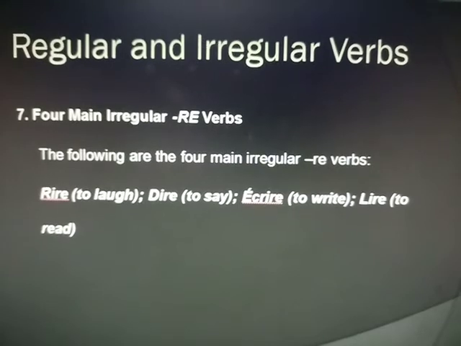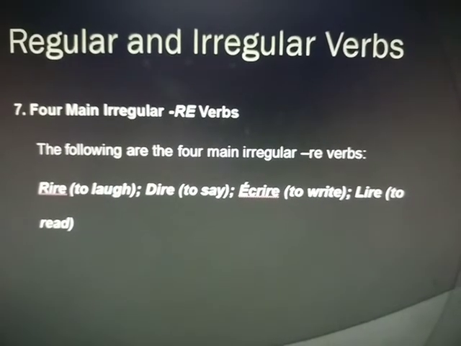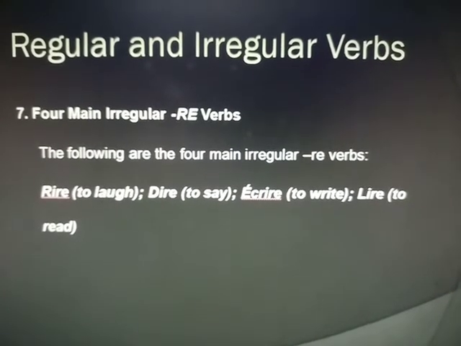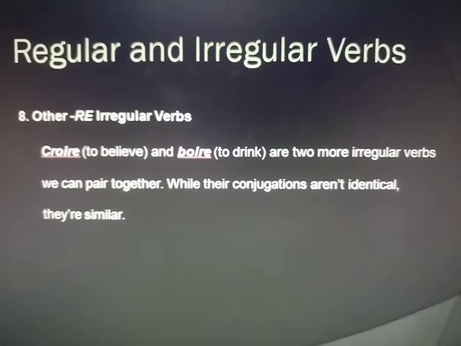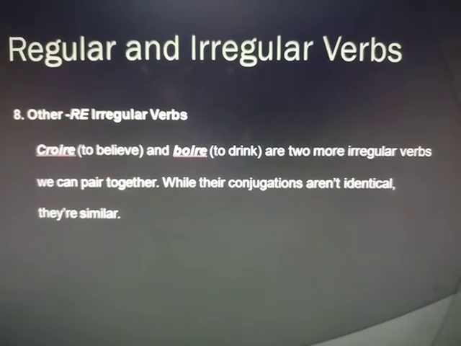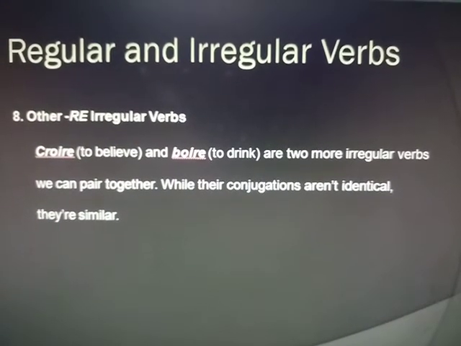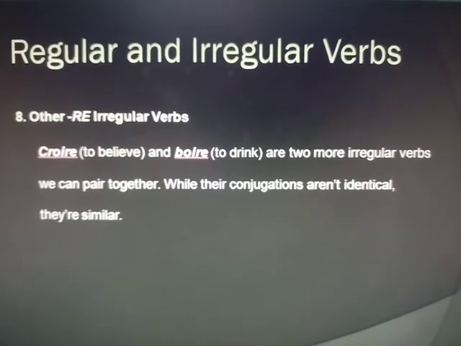The four main irregular RE verbs: rire, dire, écrire, lire. Some other RE irregular verbs: croire, boire. These are two more irregular verbs which can be paired together because their conjugations, though not identical, are similar.